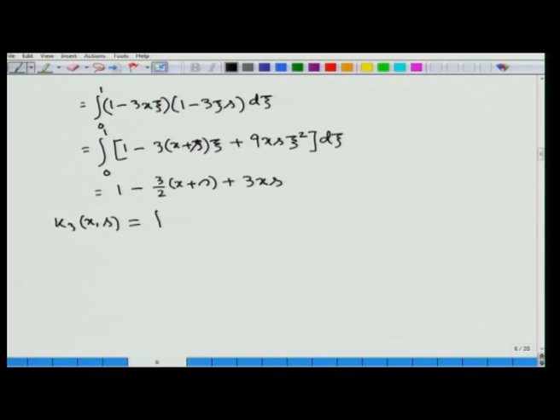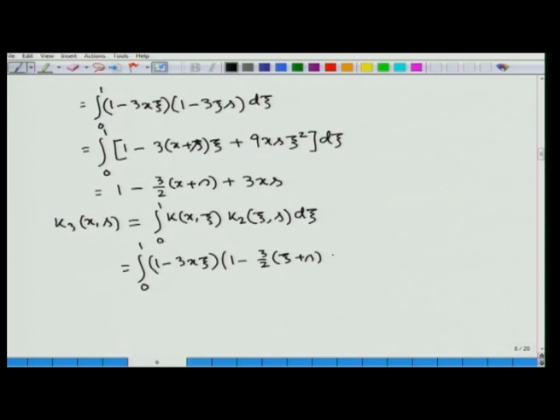So, k3(x,s) by definition is the integral from 0 to 1 of k(x,ξ) k2(ξ,s) dξ, this is equal to the integral from 0 to 1 of (1 minus 3xξ) multiplied with (1 minus (3/2)(ξ plus s) plus 3ξs) dξ, and after integration with respect to ξ you can arrive at this result.